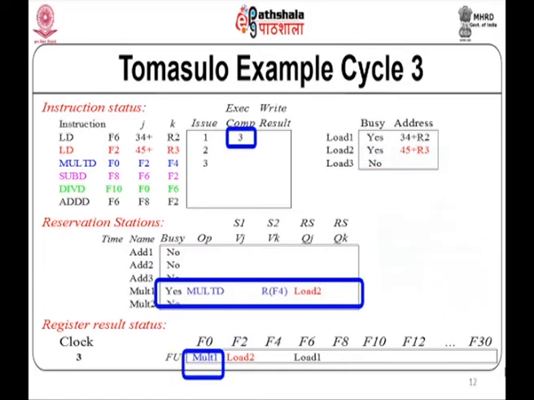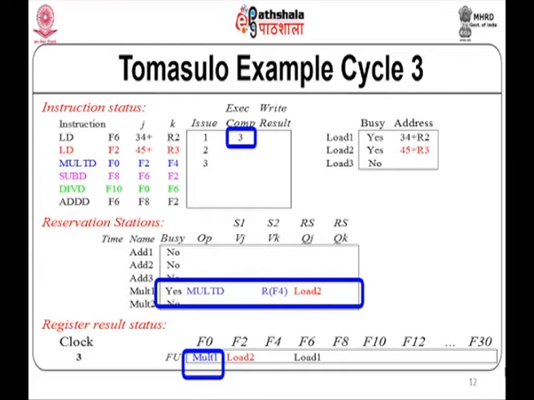During the third clock cycle, the third instruction, which is your mul instruction, is being issued. So, your multiplier mult1 reservation station entry has become busy now. The operation is multiplication, and there are 2 operands for it.